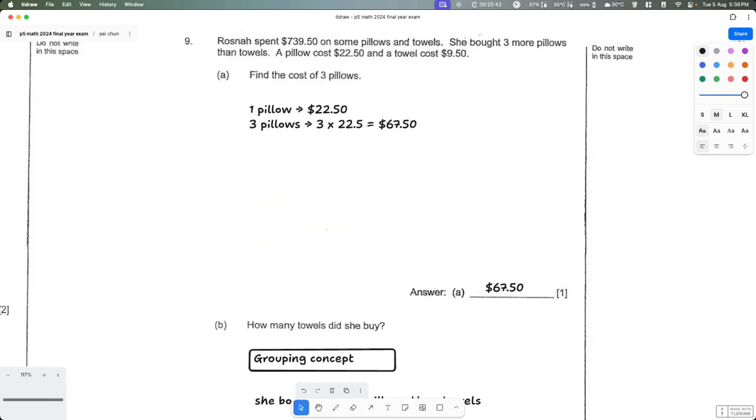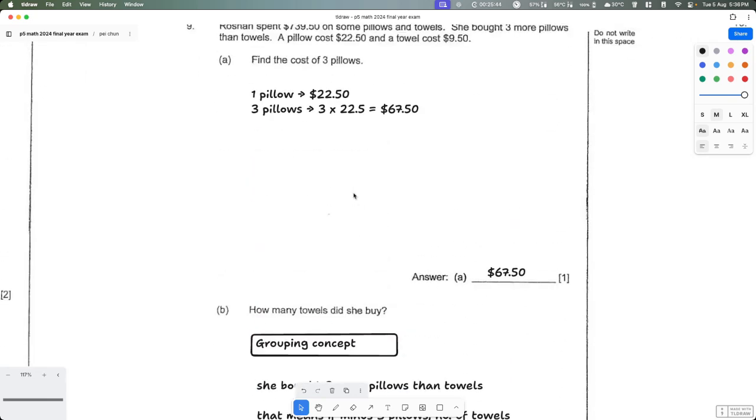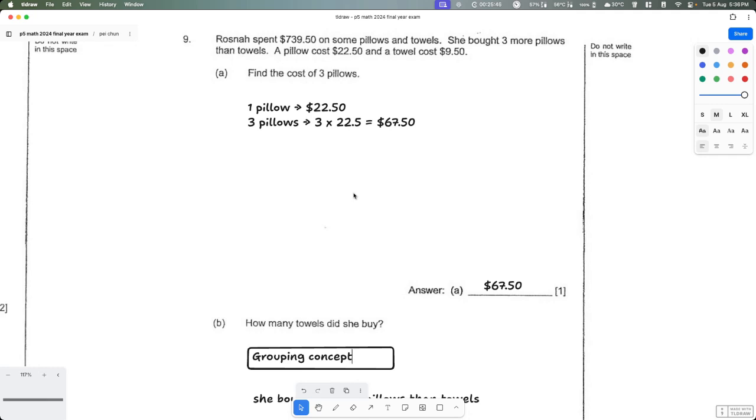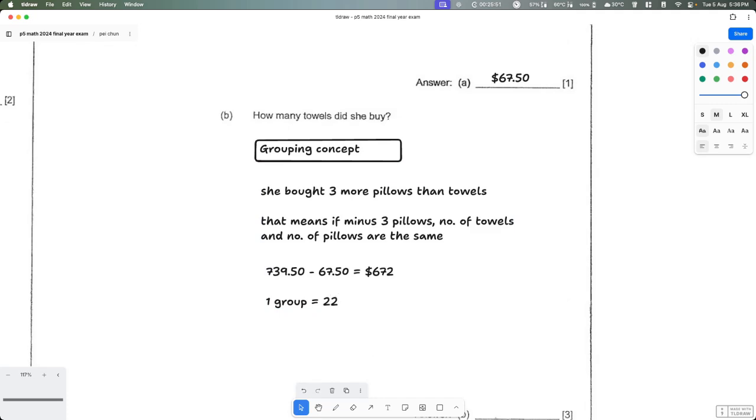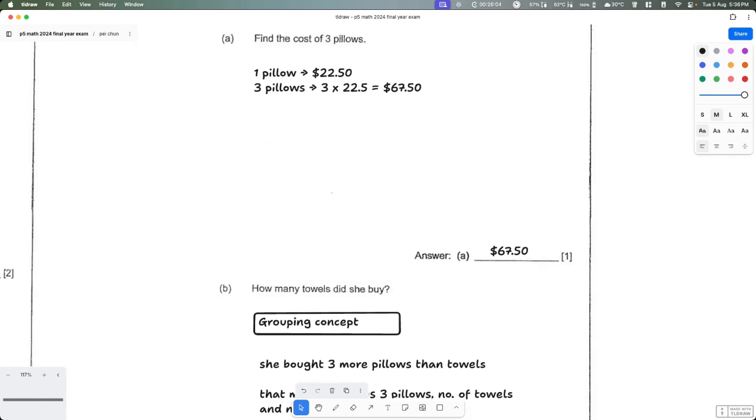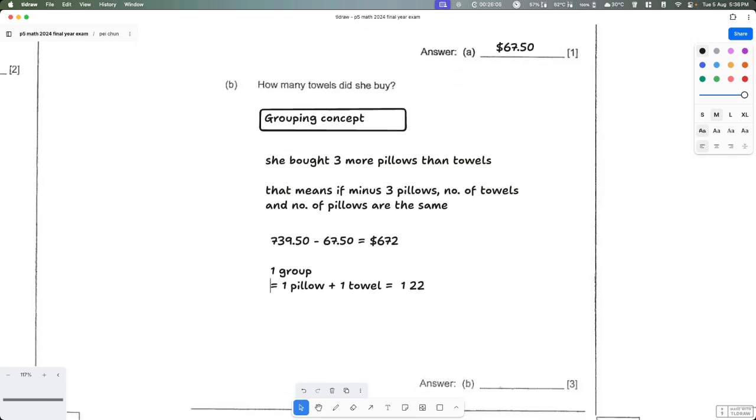Okay, so one group is one pillow plus one towel, which is equal to 22.5 plus 9.5.